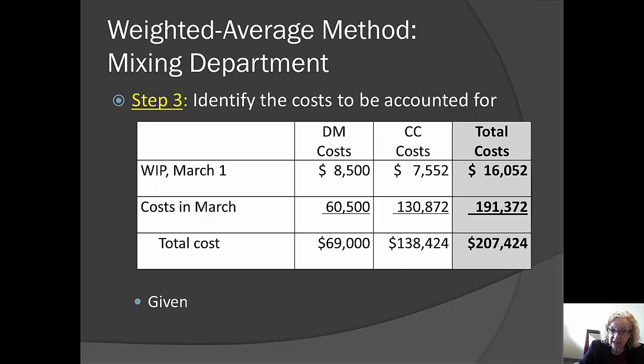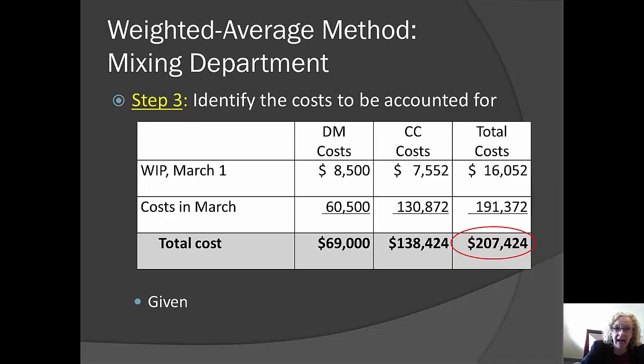Then we can add those together. Our total costs for work in process plus our total new costs that were added have to equal our total costs for the period. Or we can look at it the other way and say our total materials cost plus our total conversion cost has to equal our total costs.